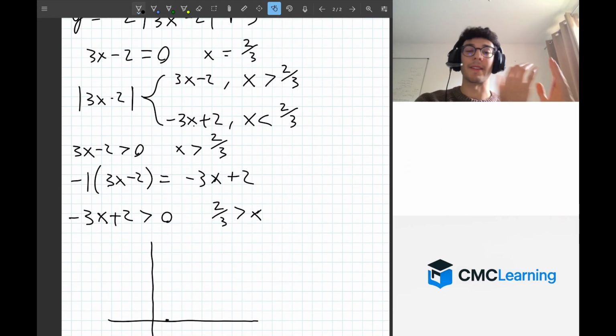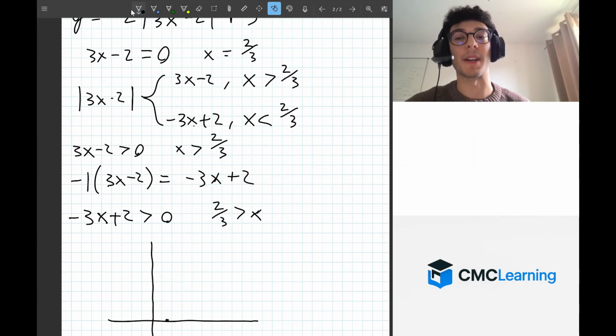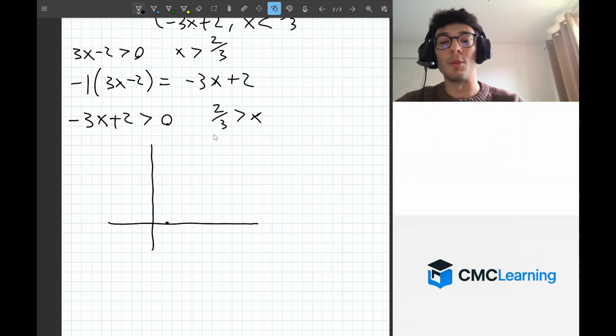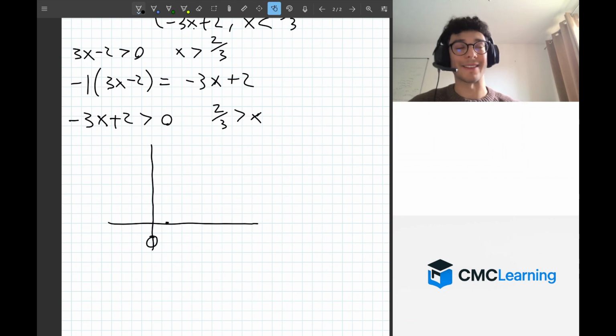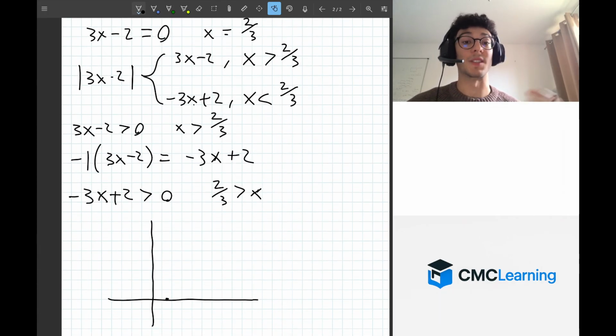When x is greater than this value, what I want to do is plot just a regular 3x minus 2 line. Obviously that 3x minus 2 implies we have a negative y-intercept. But we need to remember that the minimum point we're plotting here is 2/3.